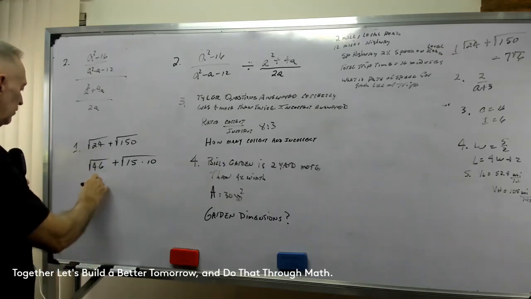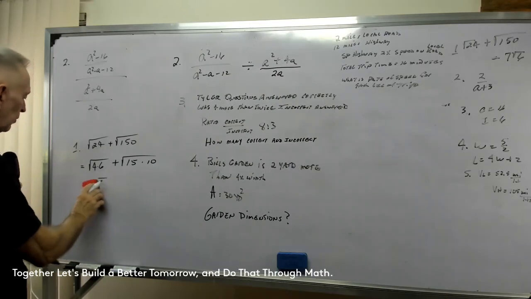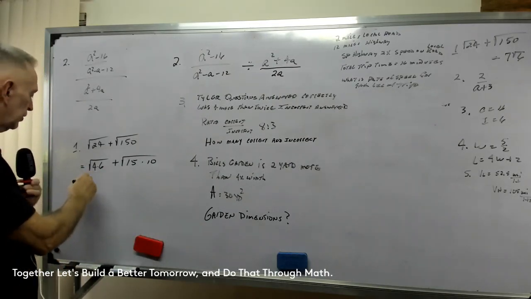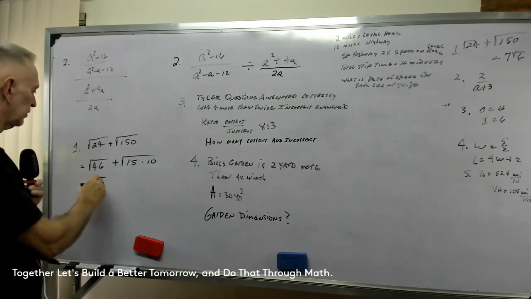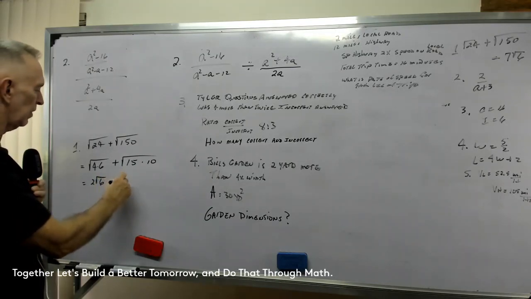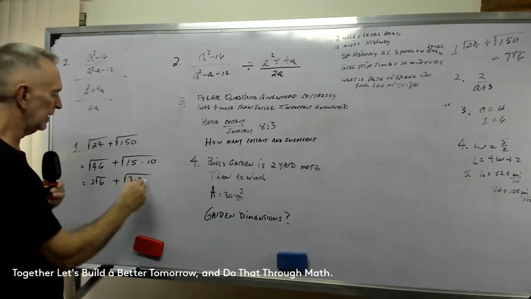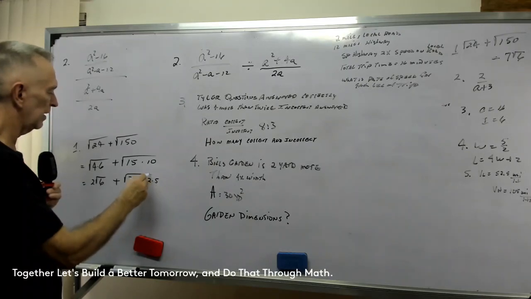Okay, so we have the square root of 4 times 6. So let's just go ahead and simplify that one. Square root of 4 is 2, so we have 2 square root 6. Plus, we can rewrite 15 as 3 times 5. We can rewrite 10 as 2 times 5.